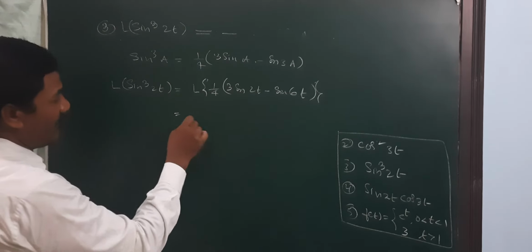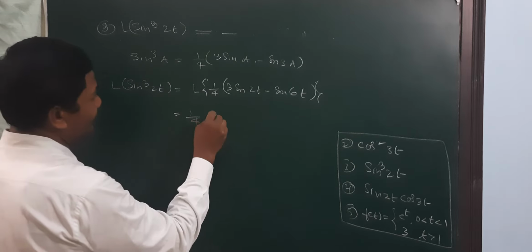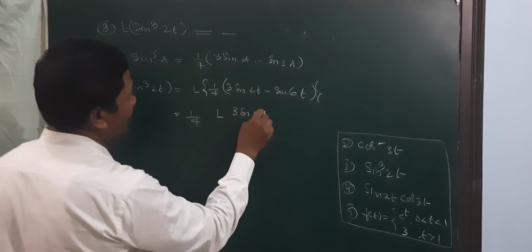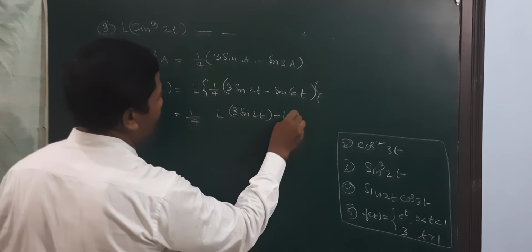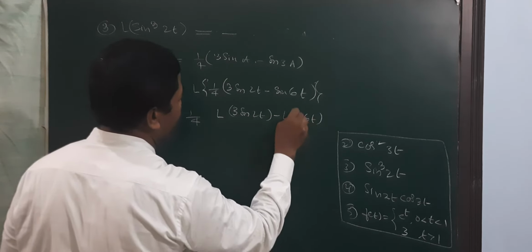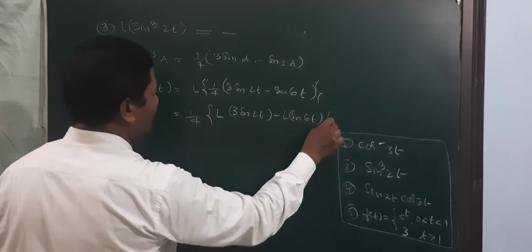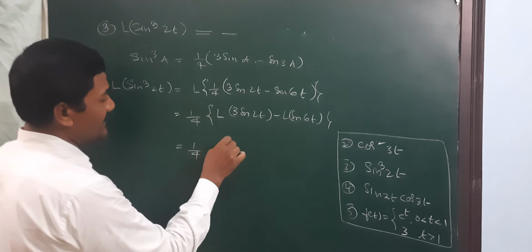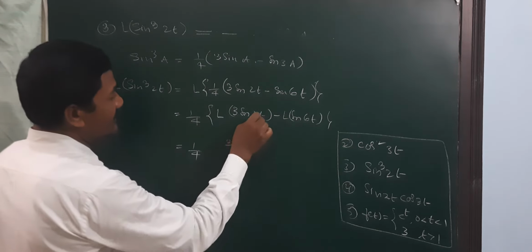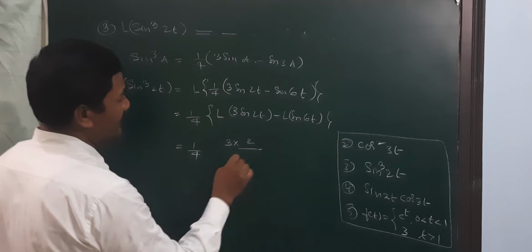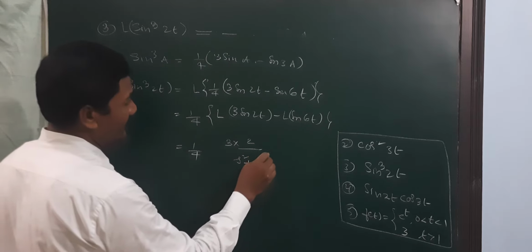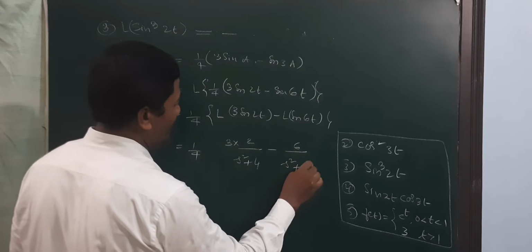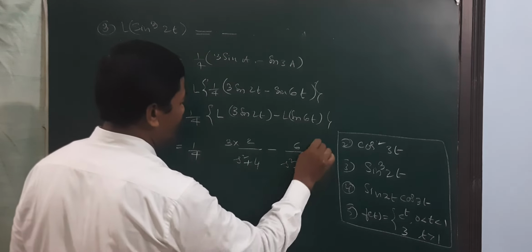Applying the Laplace transform, 1 by 4 is a common term: L of 3 sin 2t minus L of sin 6t. Using the L of sin formula, 3 is a common term, so 1 by 4 into 3 times 2 by s square plus 4 minus 6 by s square plus 6 square. 6 square means 36.